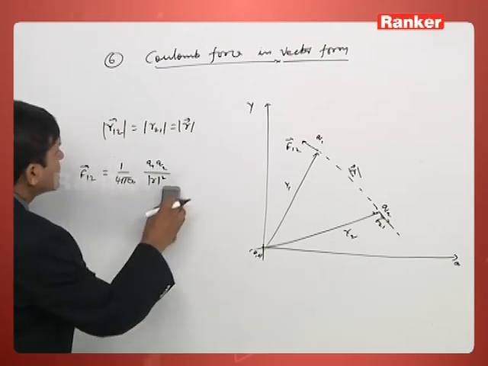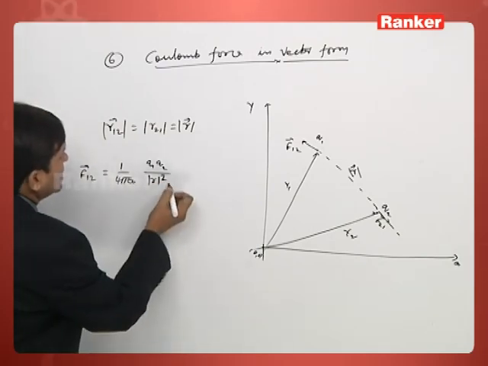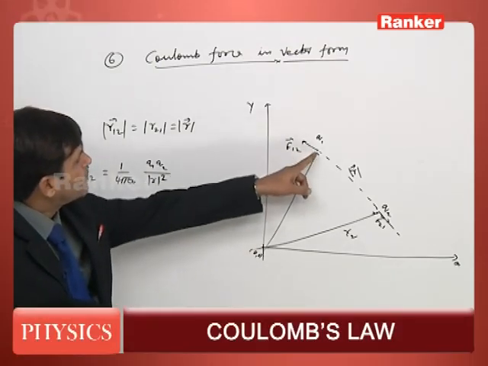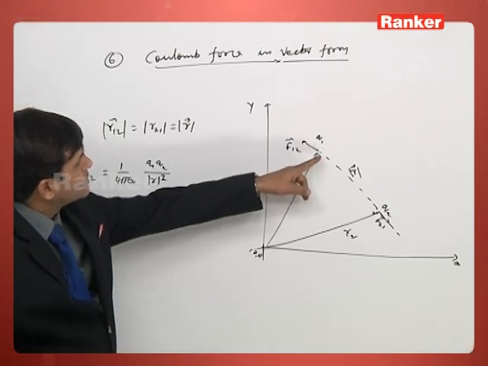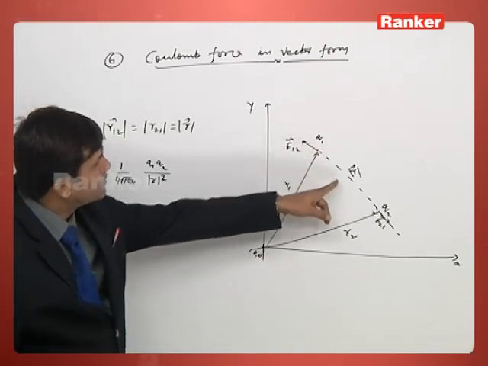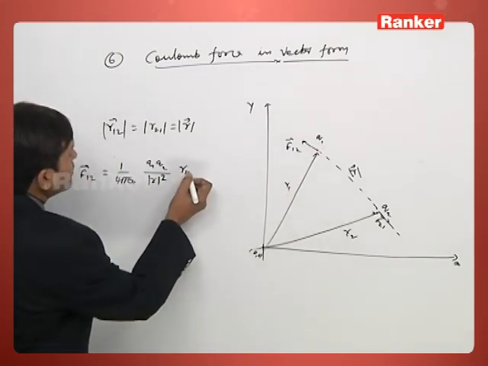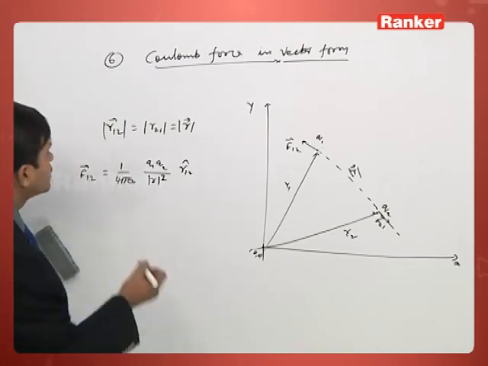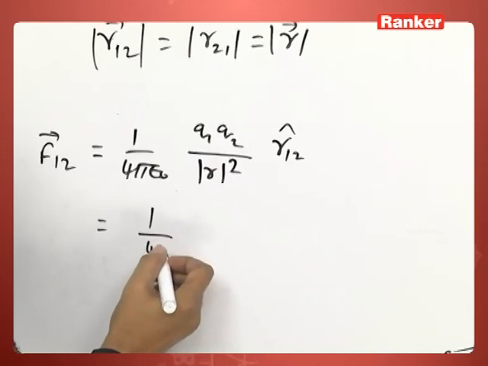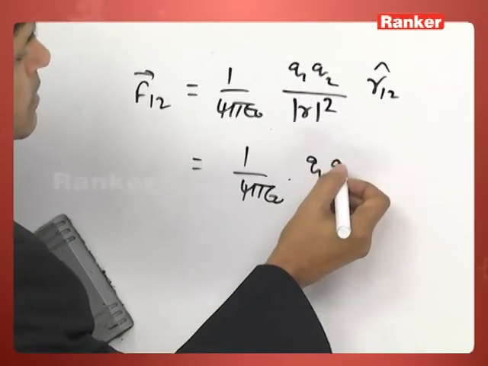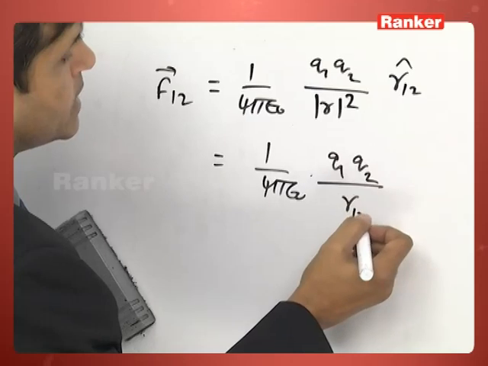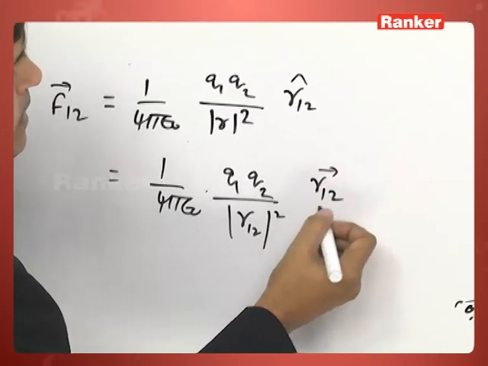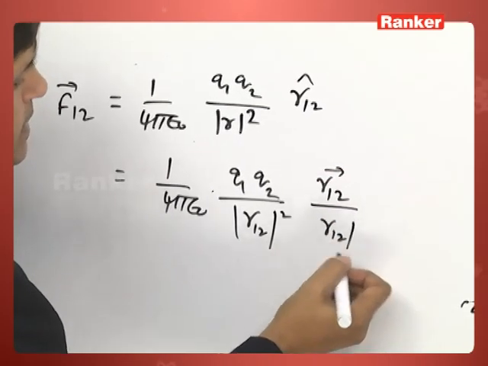And now when we are talking about the direction, the force on 1 due to 2 in this side is the direction of the position vector of charge 1 with respect to 2, or R12 cap. Cap indicates a unit vector. The unit vector is nothing but the vector divided by its modulus.